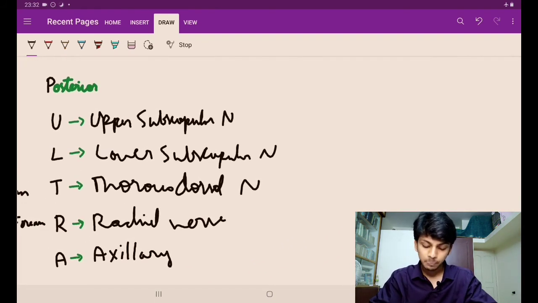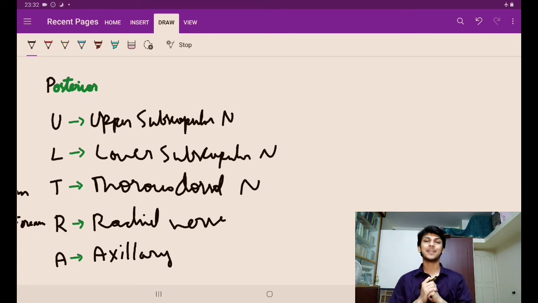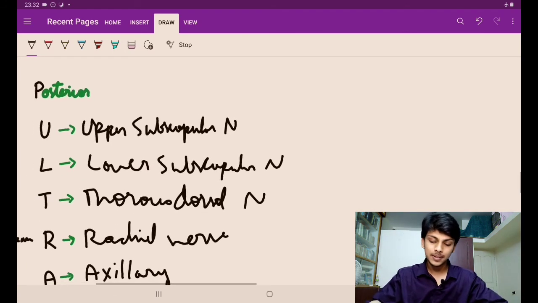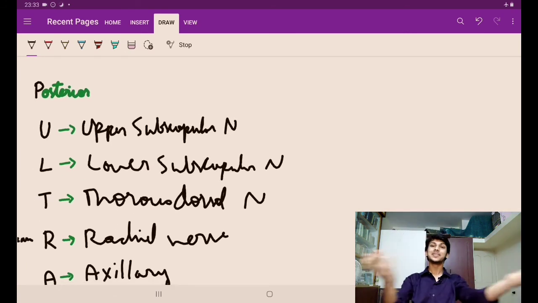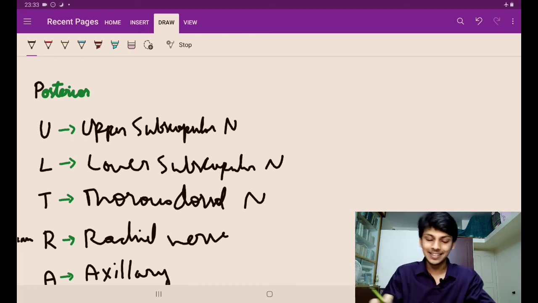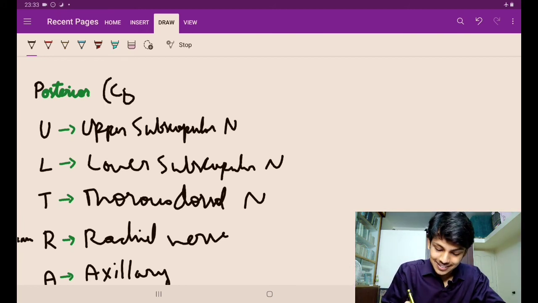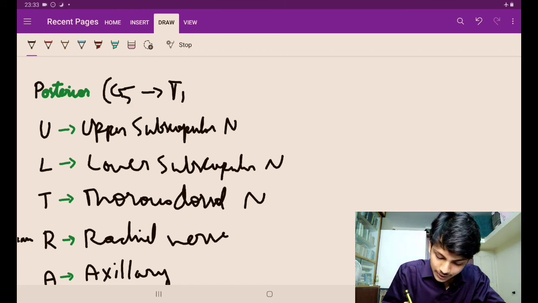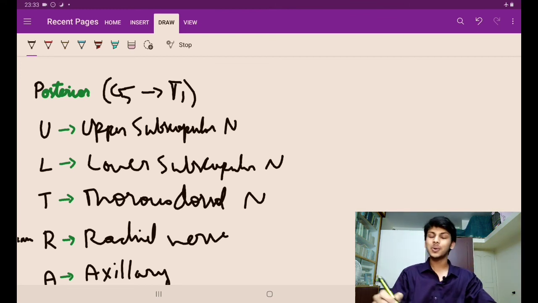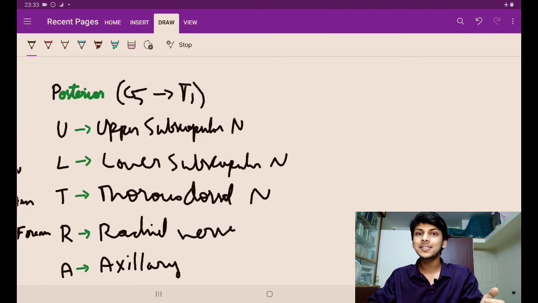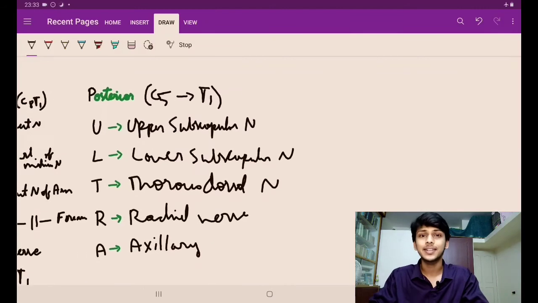Then there is the posterior cord of the brachial plexus. So what is the root value of the posterior cord? From all the roots, so it will be C5 to T1, isn't it? C5 to T1. Okay, but will all nerves have the same root value? No, there is a difference.